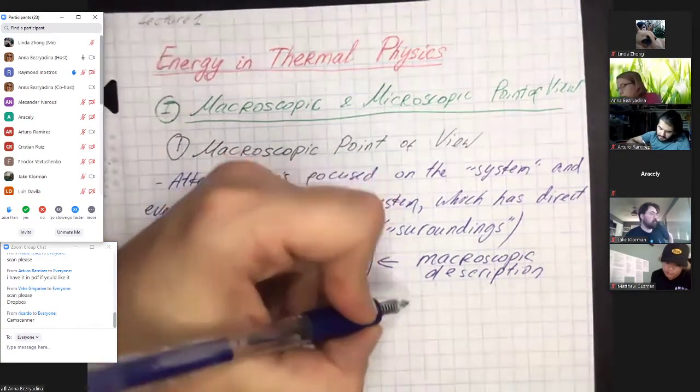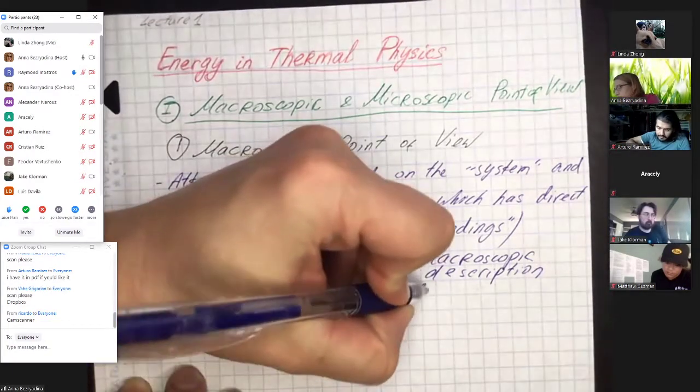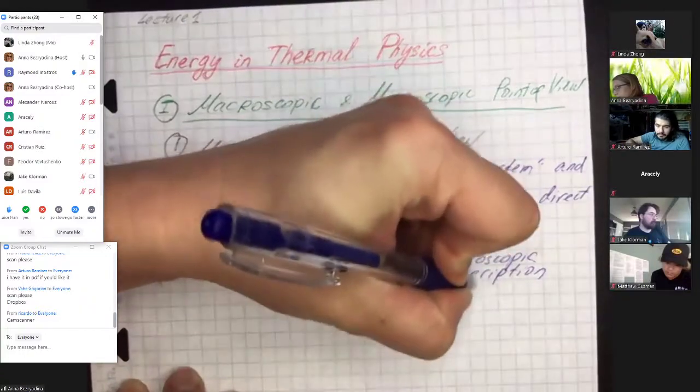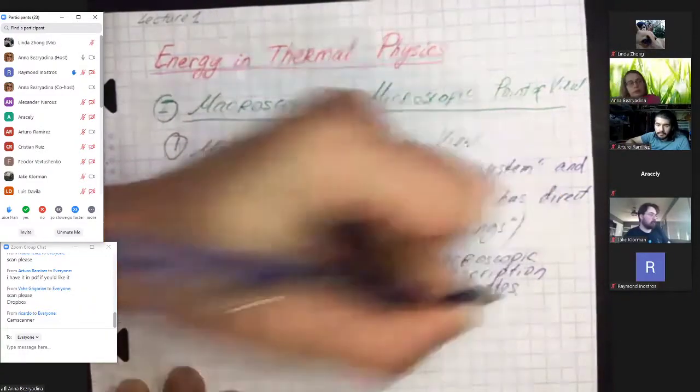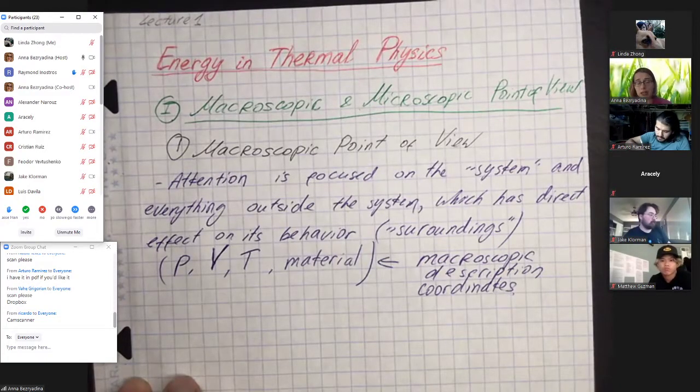Or I can talk about when you have a microscopic description or coordinates. Okay. So what's the difference for that particular case? We have no specific assumption about the structure of the matter. So we don't care where each of the molecules is located. We don't care how exactly it's structured.